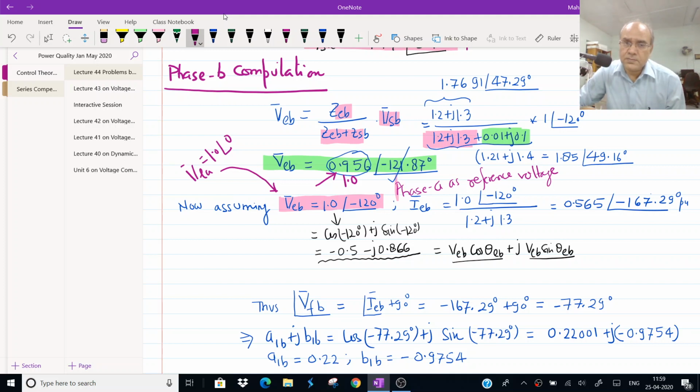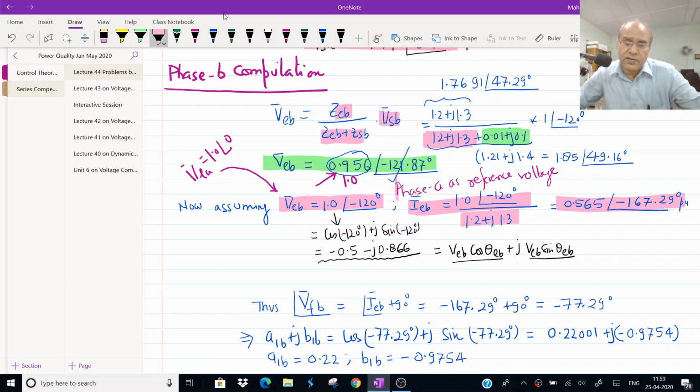With respect to this, VLB is this. Now once I know VLB, I can find out ILB as the ratio of VLB by ZLB, and this gives a current of 0.565 angle of minus 167.29 per unit. Once I know this current, we can find out other parameters. But since VLB has an angle, it has two parts, the real part and the imaginary part.